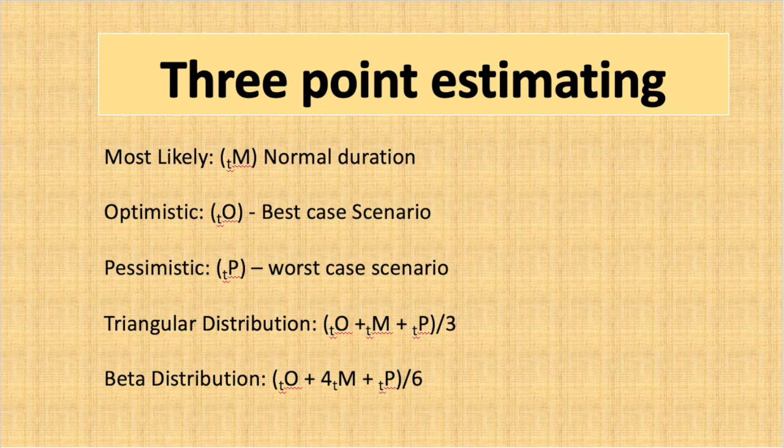Triangular is the average of 3: most likely, optimistic, and pessimistic. So T is used for the time: (TO + TM + TP) / 3, optimistic time, most likely time, and pessimistic time.